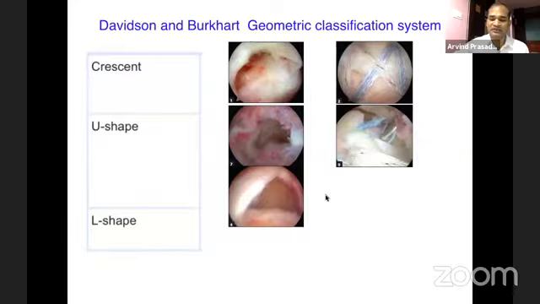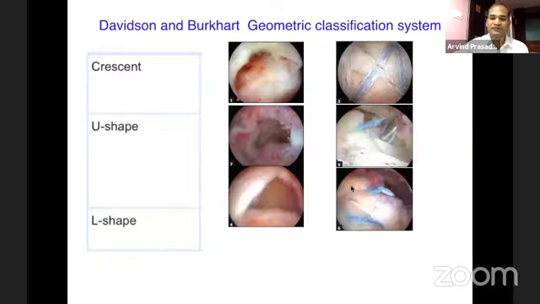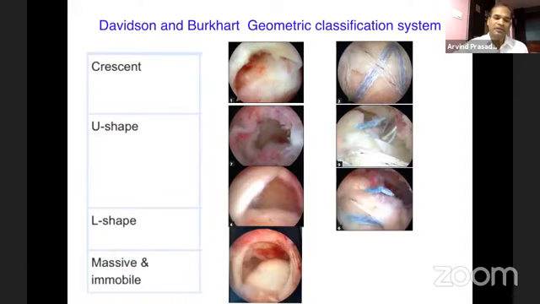Then margin convergence, the suture should be applied first, and then a double row repair again. And there is the massive cuff tear, more than 5 centimeters, or if more than 2 tendons are involved, and it is immobile.